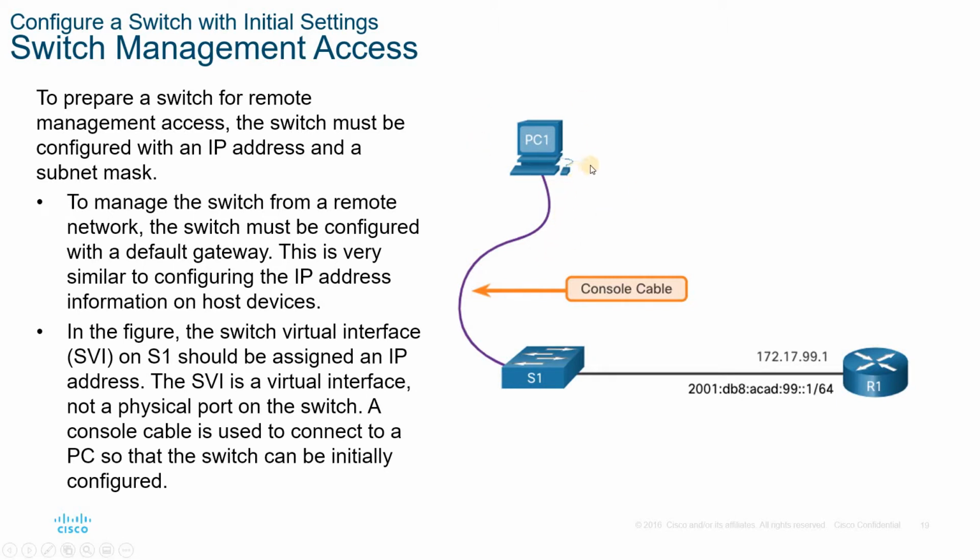So, meron kang PC, meron kang laptop, nandyan yung switch, and all you have to do is to connect your computer, laptop, or PC using a console cable. Ito, nakaturo siya. We call it the console cable, going to the console port of the switch.